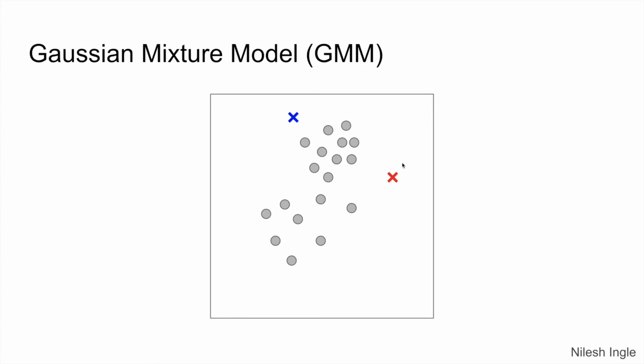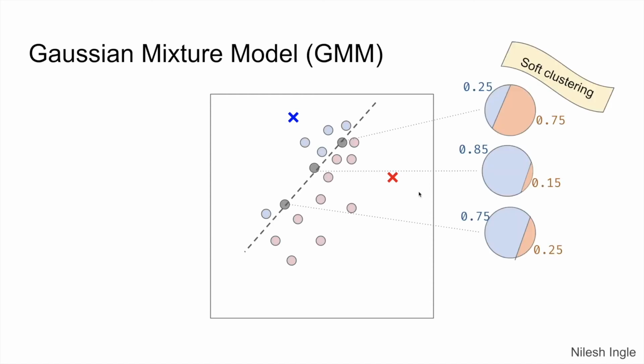Let's say we initialize on the two x's right here, and now we find the likelihood that a point would belong to a Gaussian distribution, which is represented by the mean and variance or covariance of a distribution located at this point or this point.